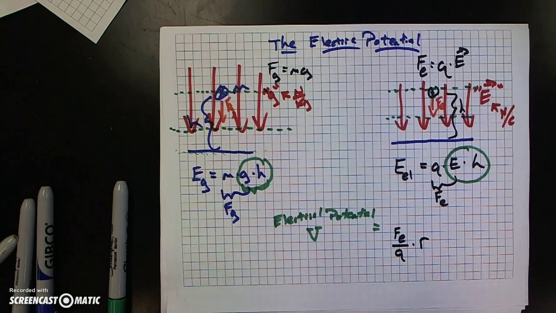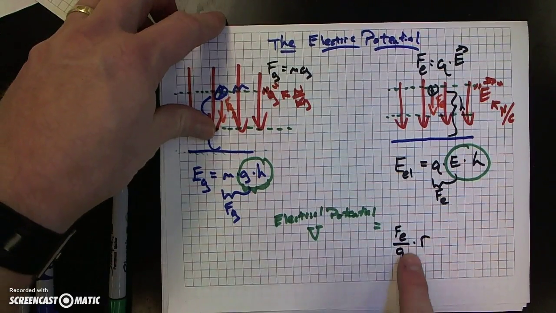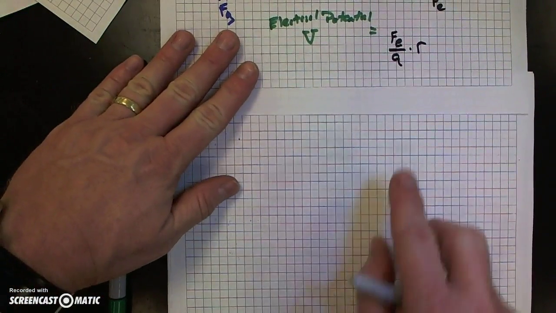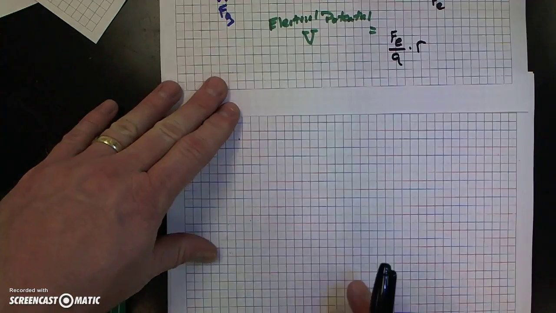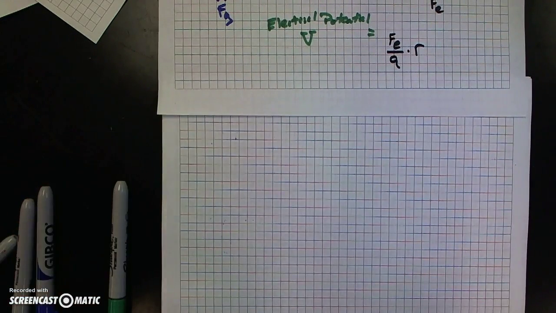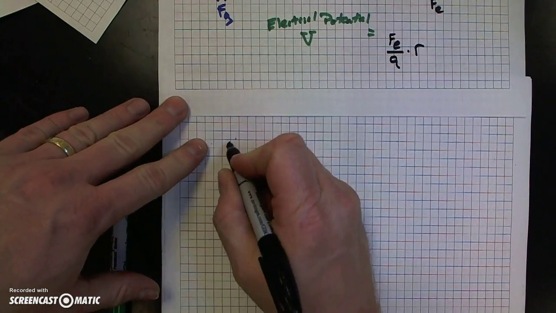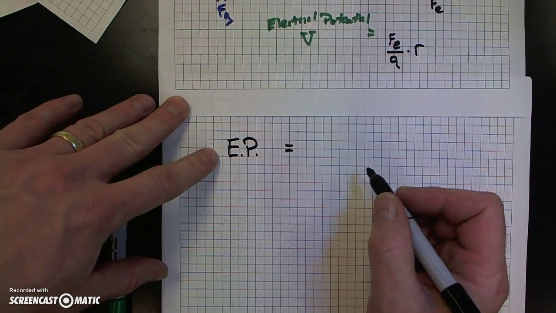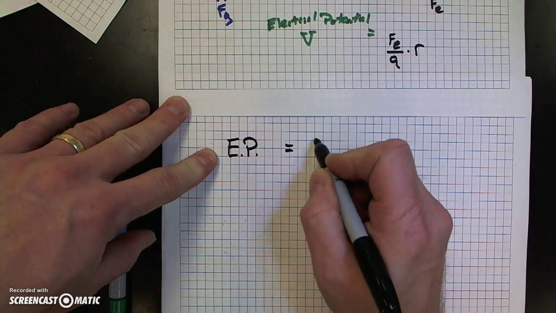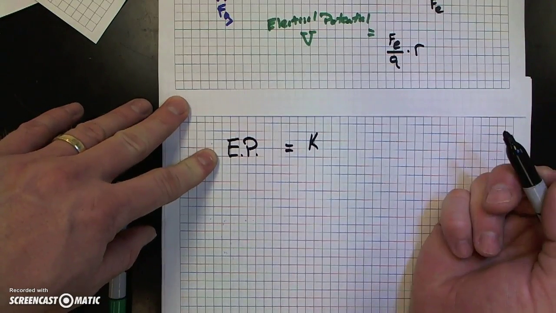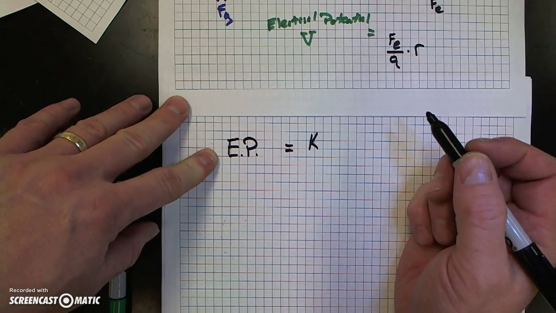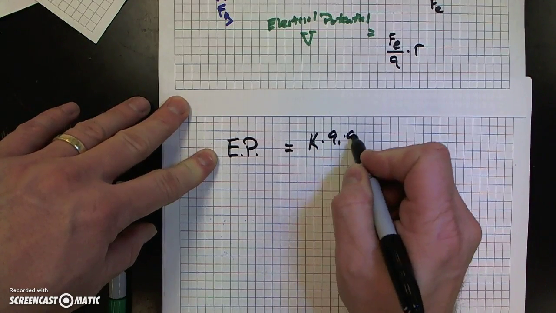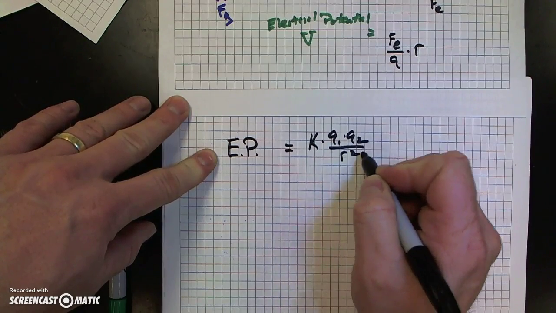So let's continue. Electric potential is going to be Fe Q over R, but I'm not quite done yet. Let's substitute in the equation for the electric force. The electric potential, and it's not potential energy, it's electric potential, is going to be K, the constant, 9 times 10 to the 9th newton meters squared over coulomb squared, times Q1 times Q2 over R squared.